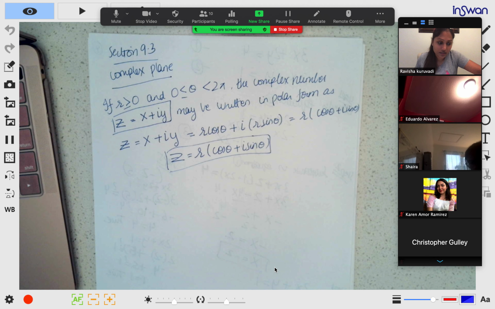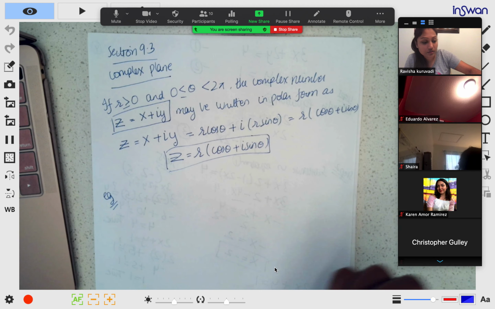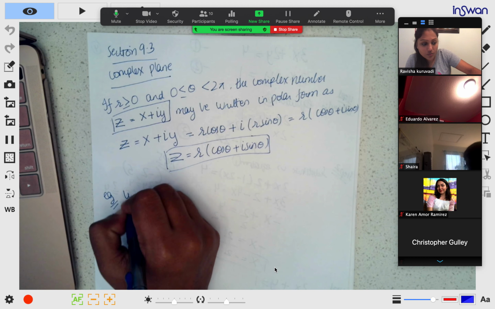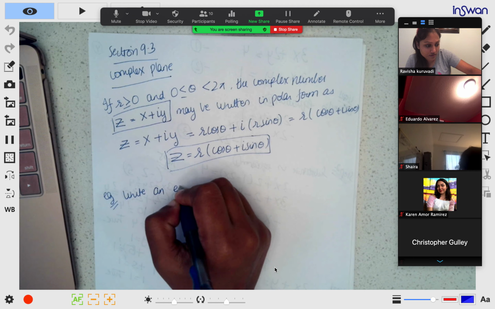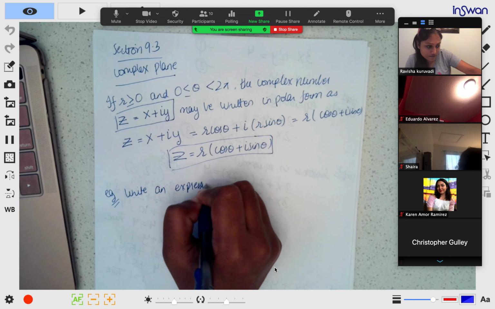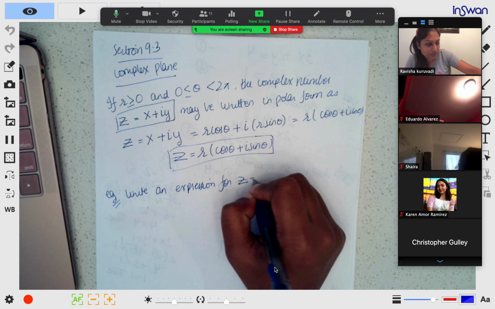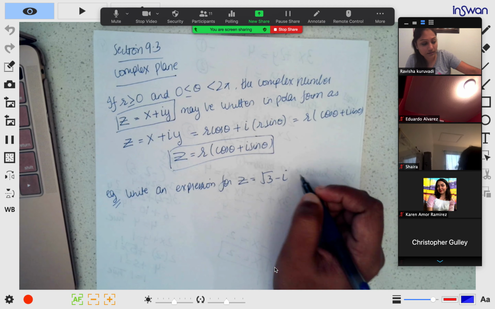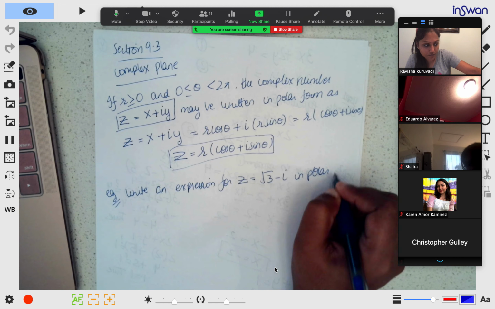Example. Let's see here. It says write an expression for z is equal to root 3 minus i in polar form.